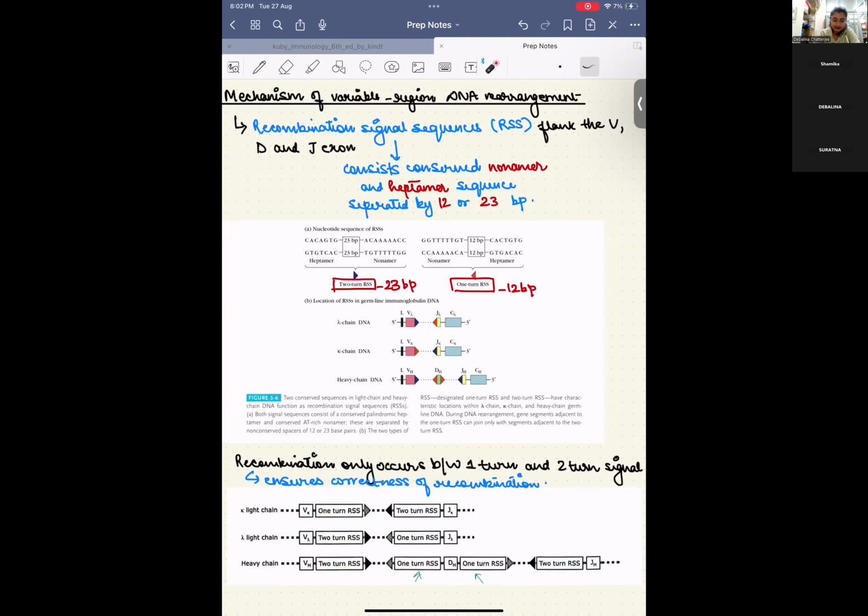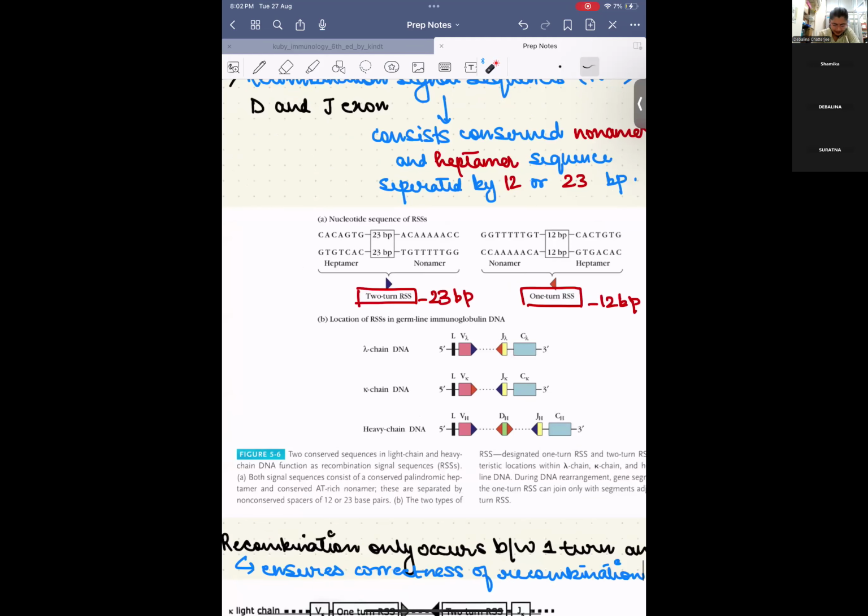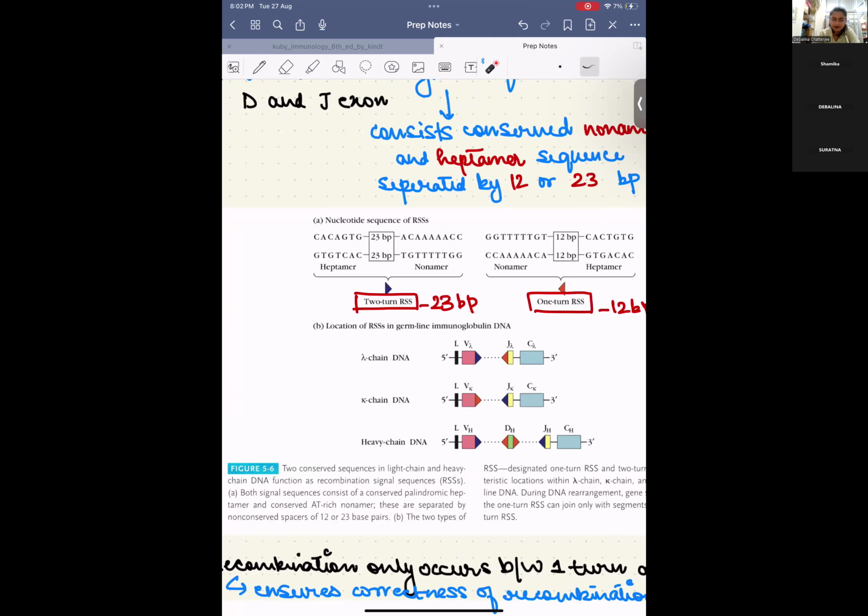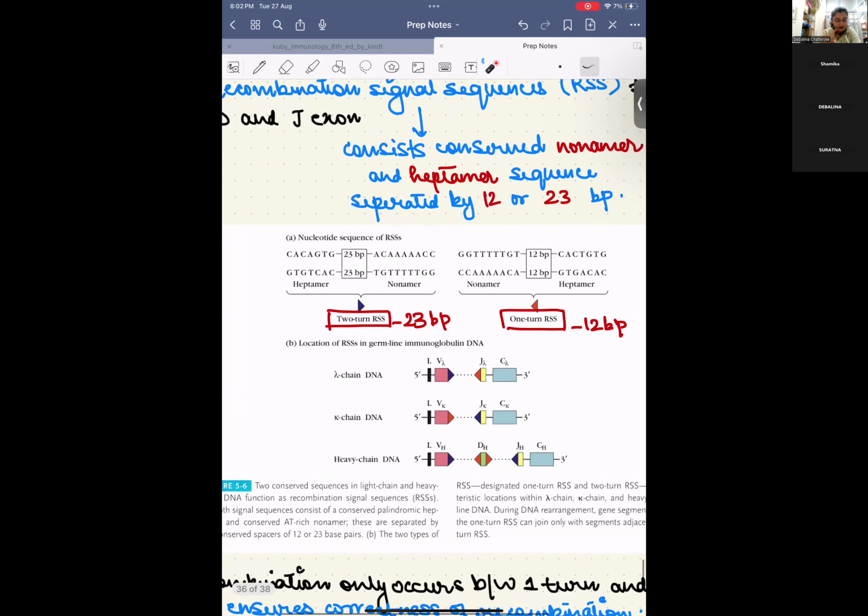These signal sequences consist of a heptamer and a nonamer, which means 7 base pairs and 9 base pairs, and they are separated from each other by either 23 base pairs, which could be any base pairs, or 12 base pairs.